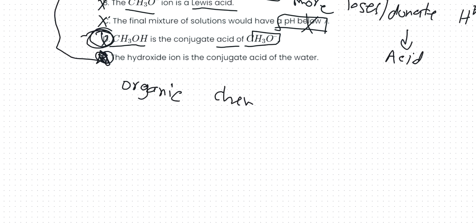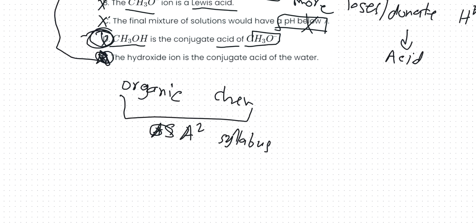I'll only solve organic chemistry for the A2 syllabus, because for the AS, the first year A-level chemistry, the video is on my YouTube channel. All of AS organic chemistry is on my YouTube channel. You can check that out. I'll only solve organic A2.